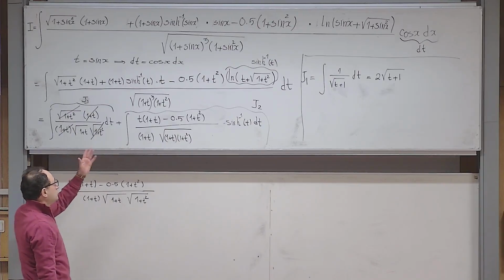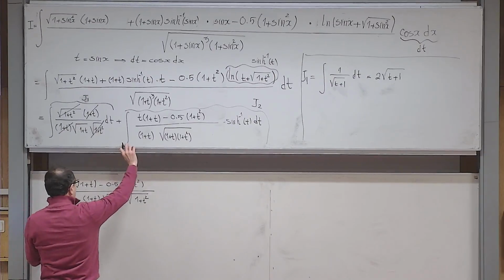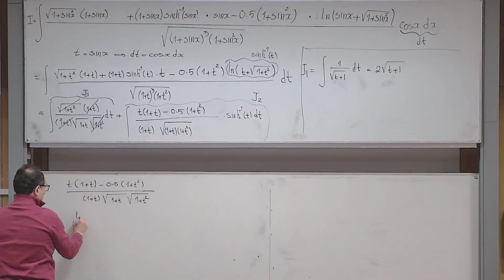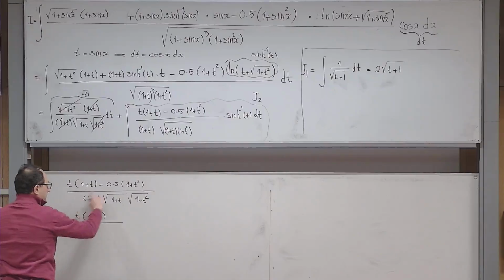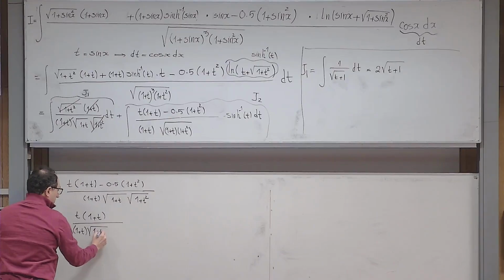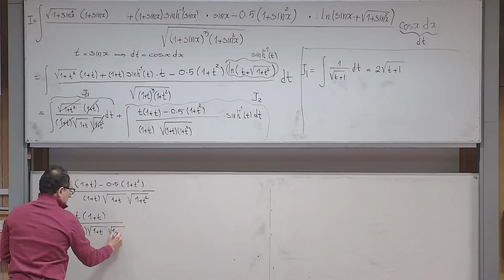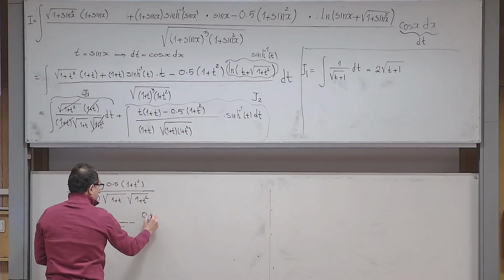So they are assuming that 1 plus t is positive. Now I will decompose my fraction, and I will write all the steps so that you are not confused. This one divided by the whole expression minus this one divided by the whole expression.